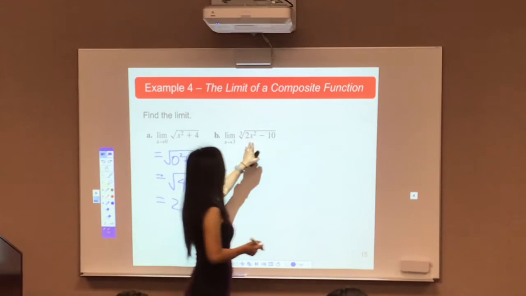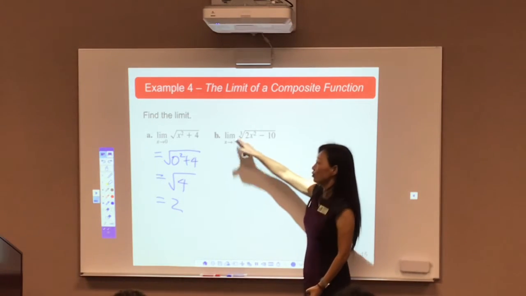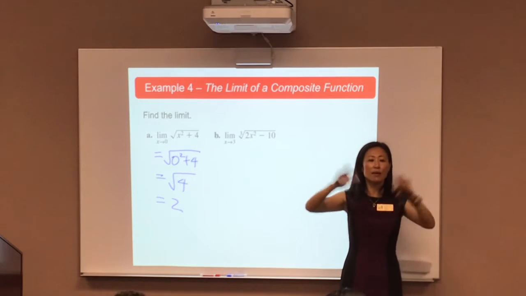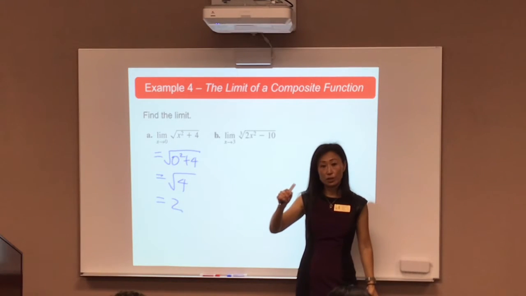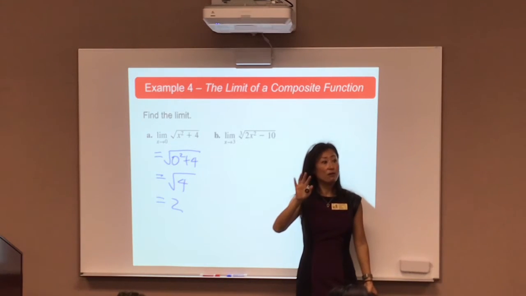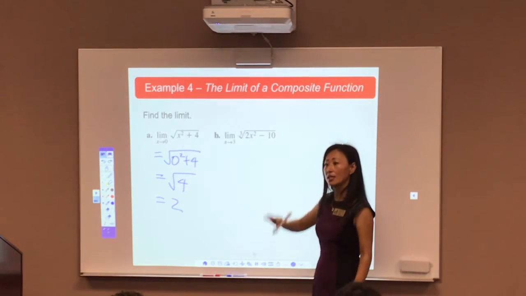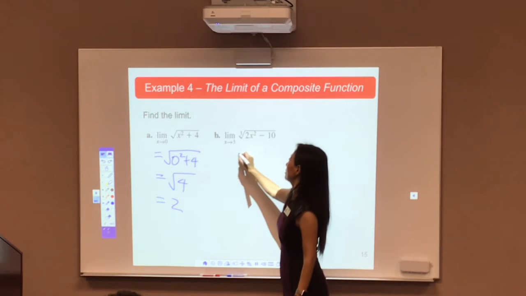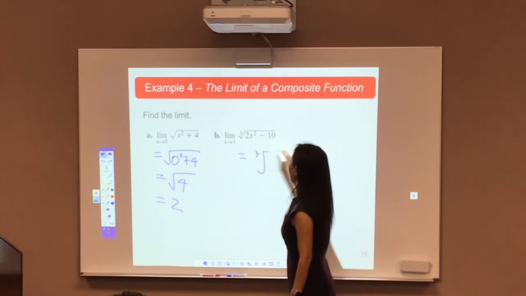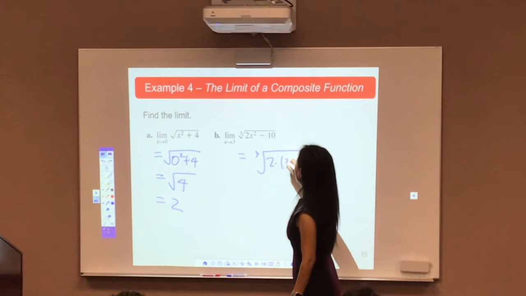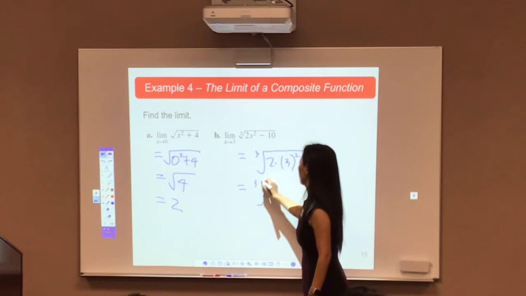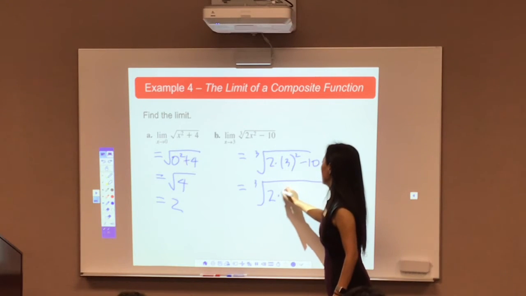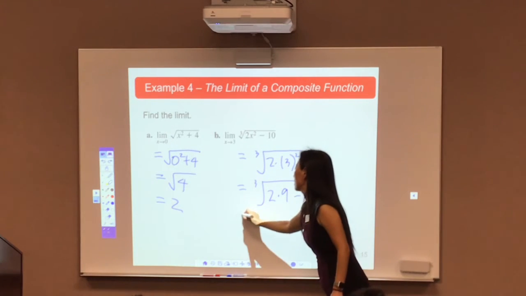All right. Next one. Let's do the problem here. So cube root, it doesn't matter. With a cube root you can have negative or positive numbers. It's the even number root that matters. With an even root you cannot have a negative. It has to be 0 or a positive number. So in this case I don't even have to check. I can simply plug it in. So what do you have here? Cube root of 2 times 3 squared minus 10. 2 times 9 minus 10.